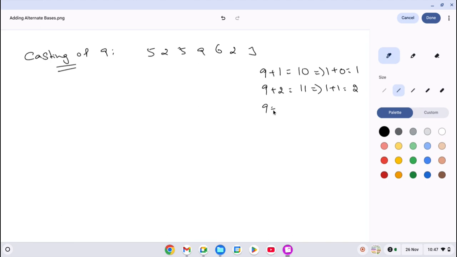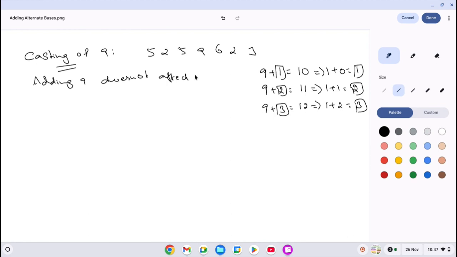See, 9 plus 3 is 12. So 1 plus 2 is 3. See here, adding 9 does not affect the sum of the digits.